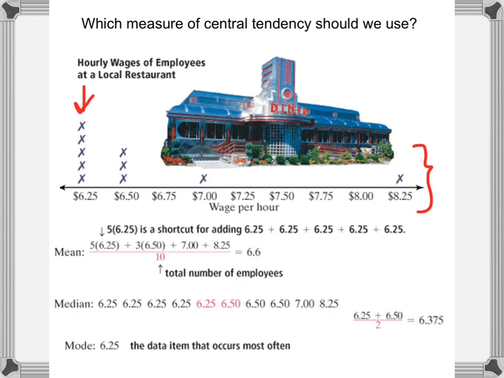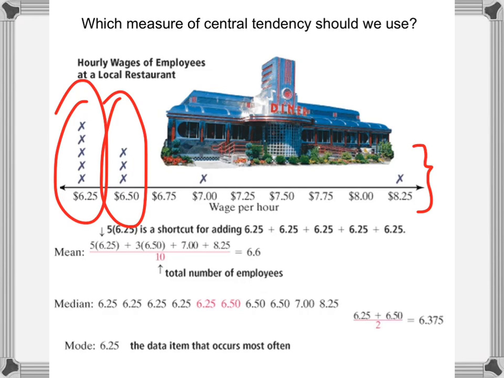So we'd probably want a measure of central tendency that reflects how many employees received this wage. We have 1, 2, 3, 4, 5, 6, 7, 8, 9, 10, so 10 employees, right? But 8 employees receive either $6.25 or $6.50 an hour.